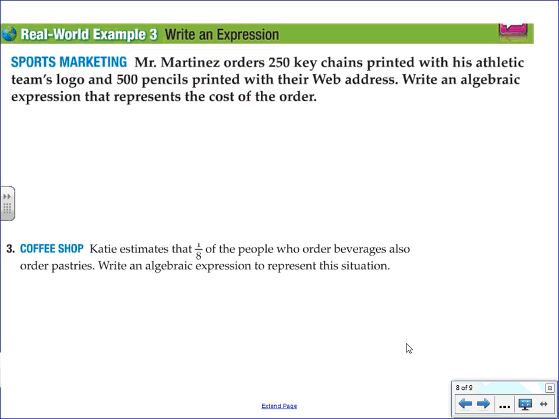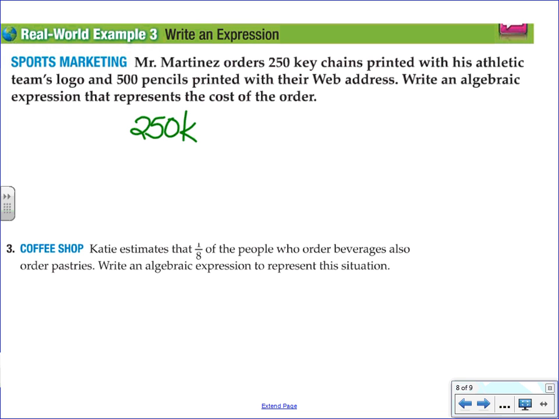Let's look at some real-world examples. Sports marketing. Mr. Martinez ordered 250 keychains printed with his athletic team's logo and 500 pencils printed with their web address. So write an algebraic expression that represents the cost of the total order. For one thing, he ordered 250 keychains, right?